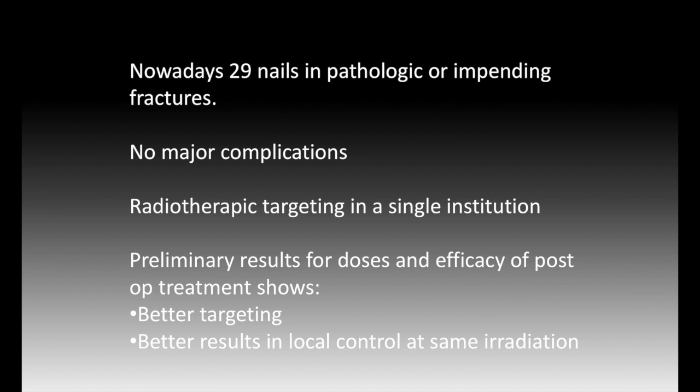We can summarize that we did not observe any major complication from the implant. The radiotherapy was performed in a single reference center for each group. The preliminary results show that there is a better targeting of radiotherapy and better results in local control of the disease.